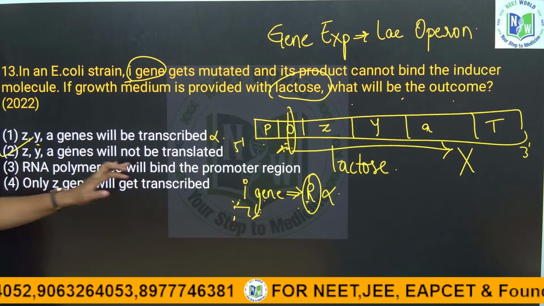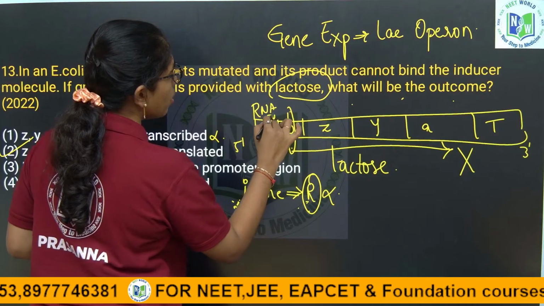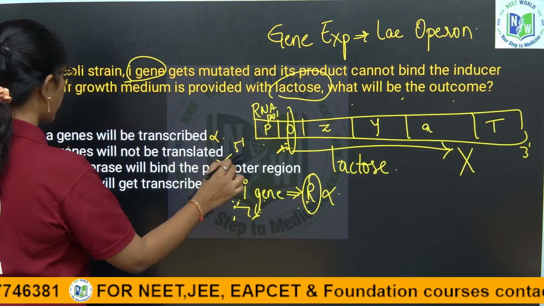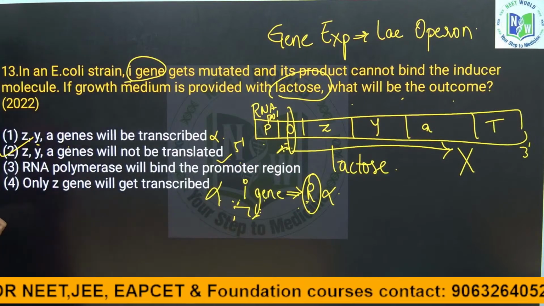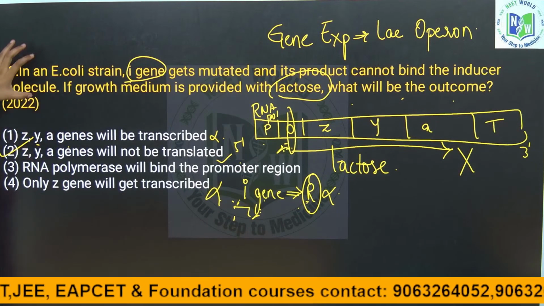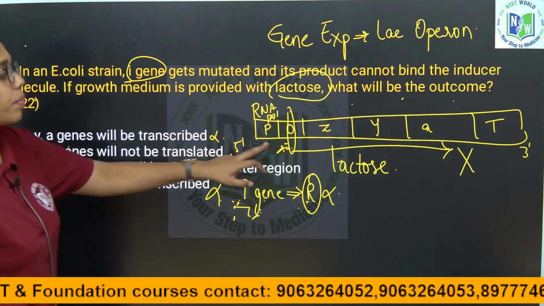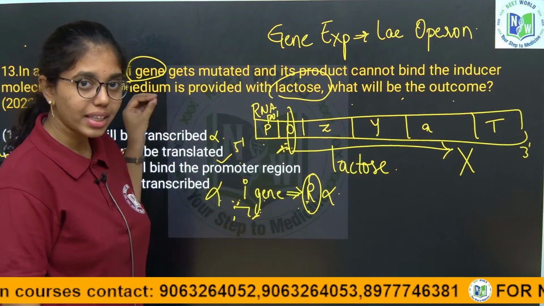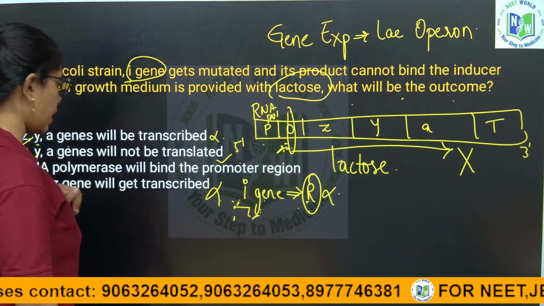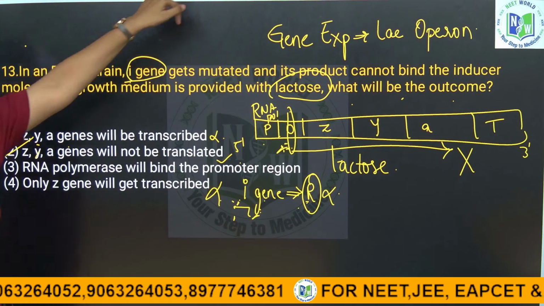RNA polymerase will bind to the promoter region, yes, of course RNA polymerase will bind to the promoter region, only Z gene will be transcribed, wrong. So, with respect to this situation, ZYA genes will not be translated because the repressor will already be bound to the operator region in the continuous gene expression scenario. Okay. So, here the answer will be 2.